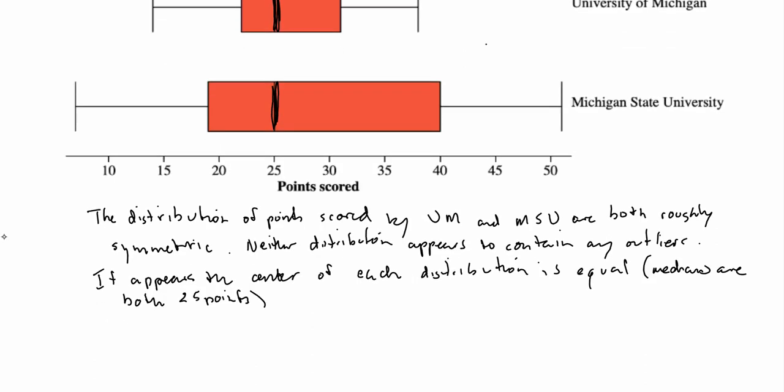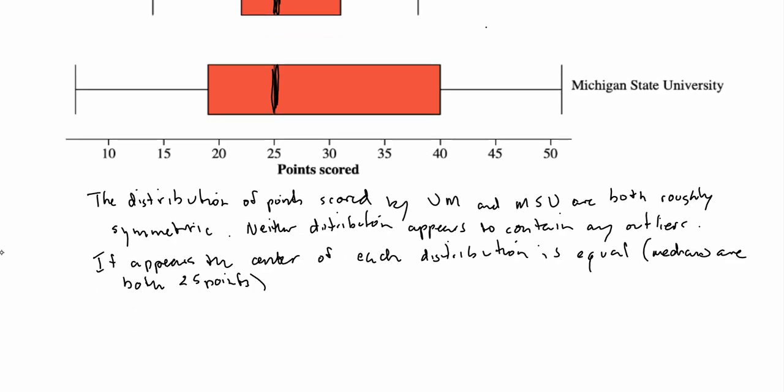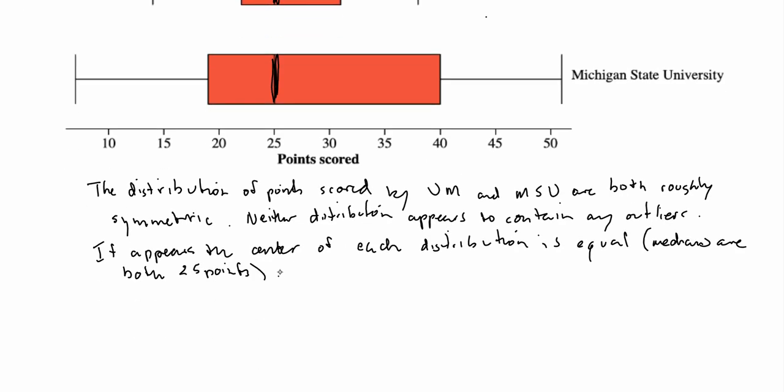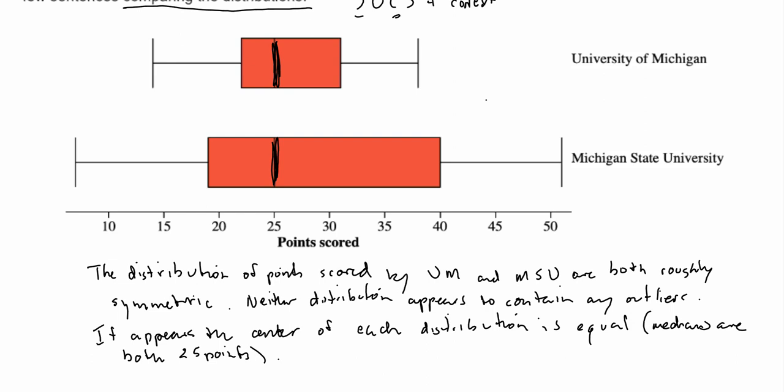All right. We go to the next one, which is now spread. However we look at the spread, we're going to talk about IQR. And what we notice is that the Michigan State University IQR is larger.